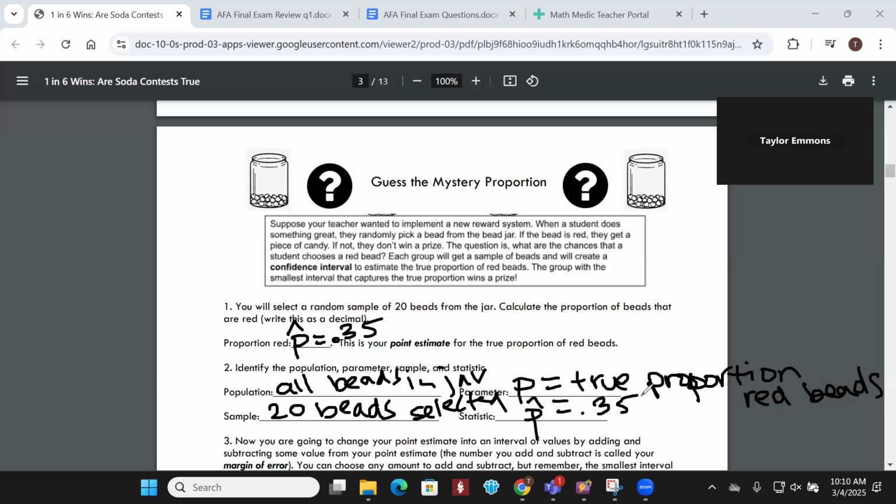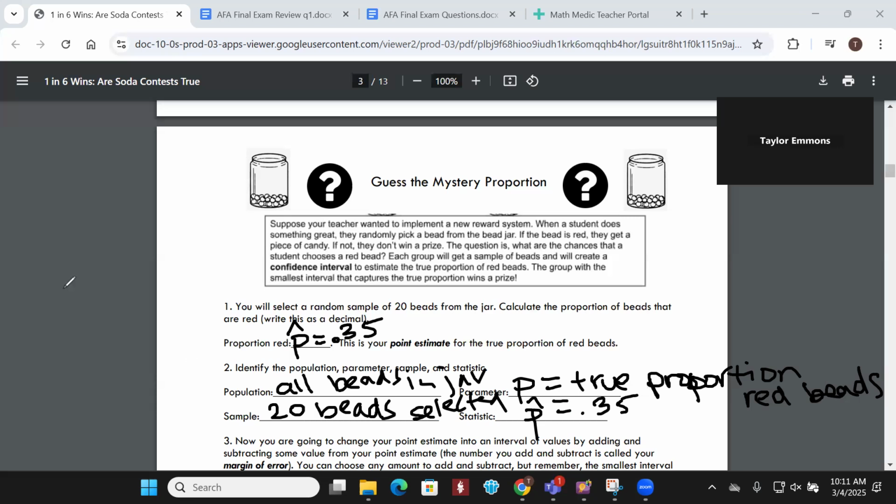Now you're going to choose a value to add or subtract from your point estimate. This value is called the margin of error, to create an interval of values. Remember, the narrowest interval that actually captures the true proportion wins a prize. What margin of error do we want to use? Any guesses? Let's do 0.1, and you'll see why in just a second.